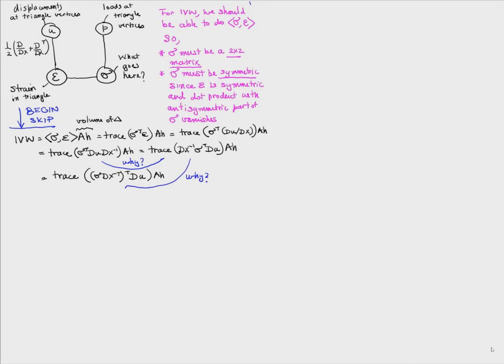And then we recall the side vector matrix dx and the inverse of the side vector matrix. And we're doing some plugging it into the trace and things of that nature.